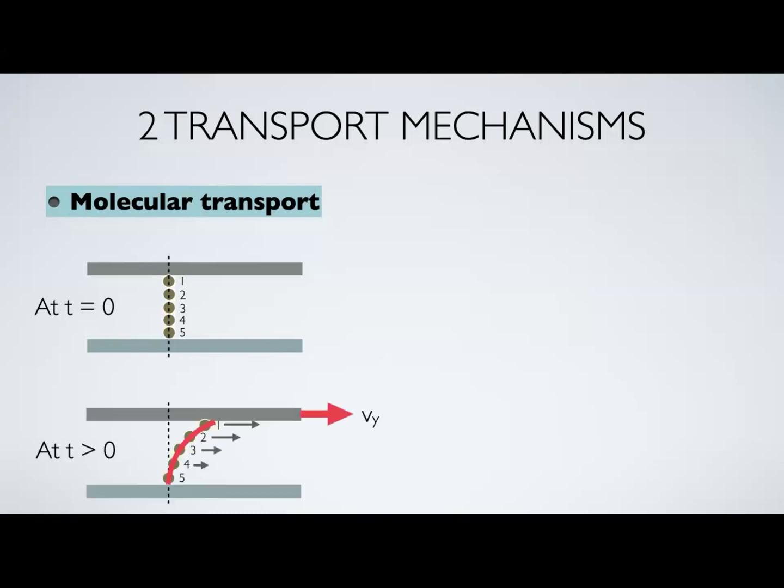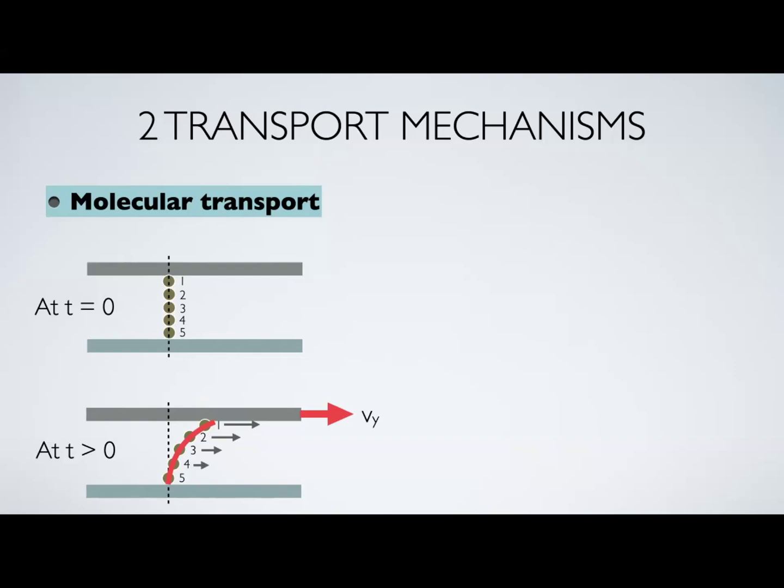At time more than zero, I start pulling the top plate. Of course, the chunk of water or molecules 1 will start to move with the top plate with the same velocity, and it's going to drag molecules number 2, 3, 4, and 5.